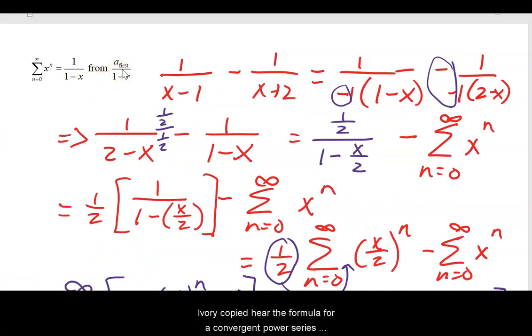I've recopied here the formula for a convergent power series in its geometric form by comparing the formula 1 over 1 minus x to the formula for a convergent geometric series, a first divided by 1 minus r. You'll notice the two fractions I have are not written in terms of 1 over 1 minus x.